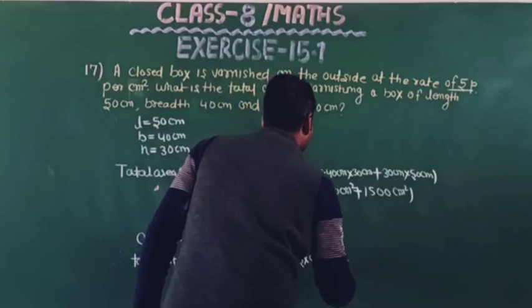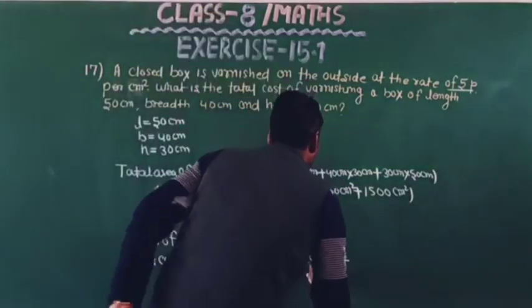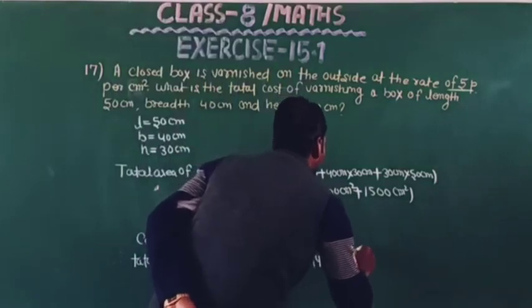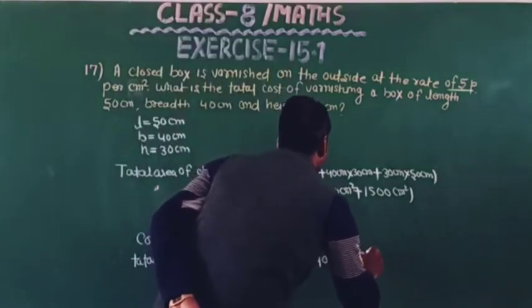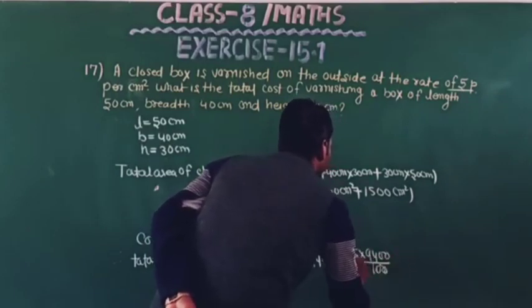paisa, and now we convert to rupees, so we need to divide by 100. So this is 5 into 9400 divided by 100 rupees.